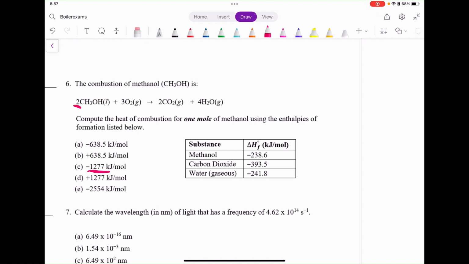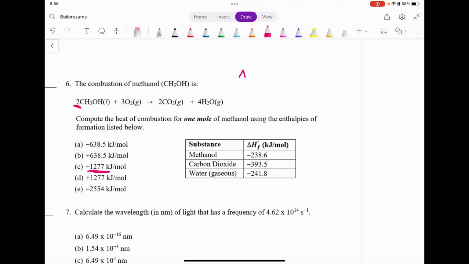And that's because methanol has a stoichiometric ratio of 2. So when you get the answer, it's actually per 2 moles of the methanol, so you're going to want to divide it by 2. I just want to point that out real quick in case that's potentially why you got it wrong. But I'll show it now.